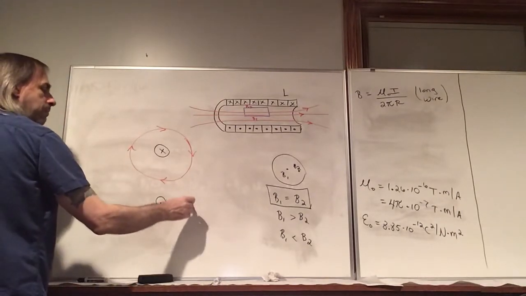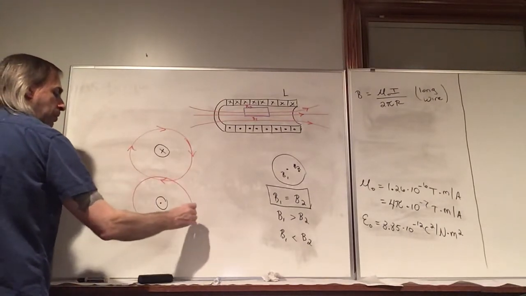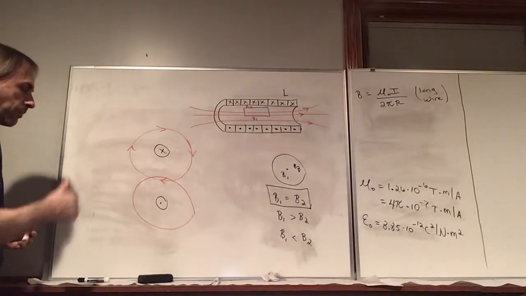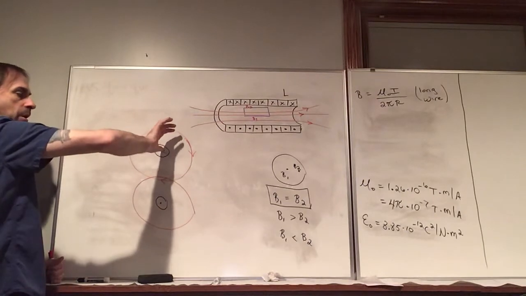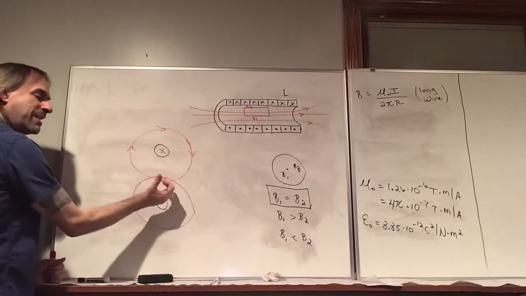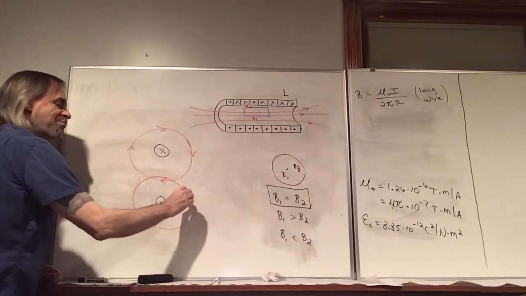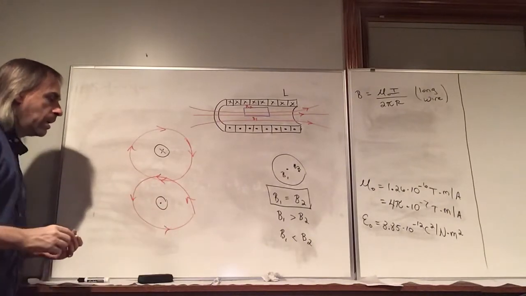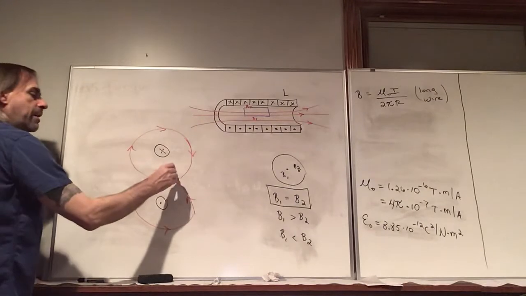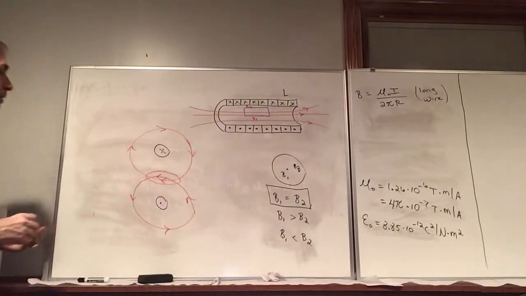And of course, this wire would also create a loop. So this one is going into the board, so it loops this way. This one's coming out of the board. And so you look in the interior, they're both going to the left.